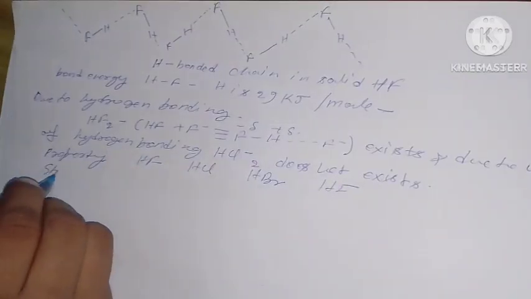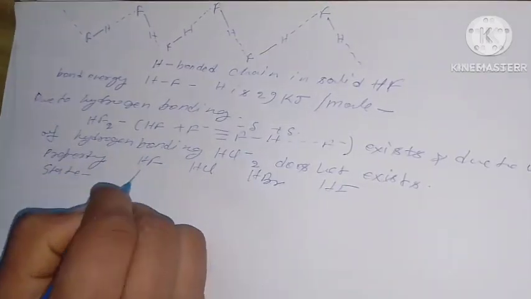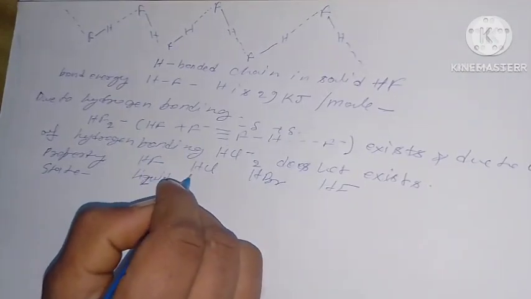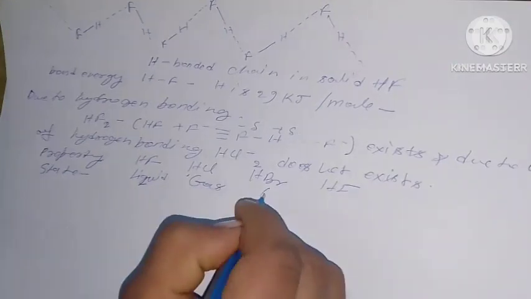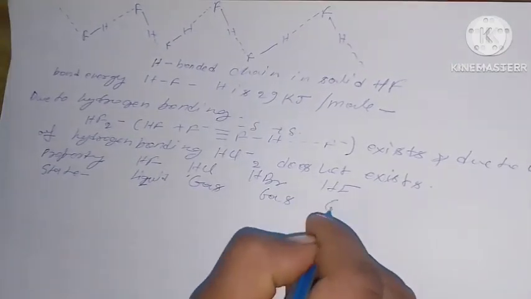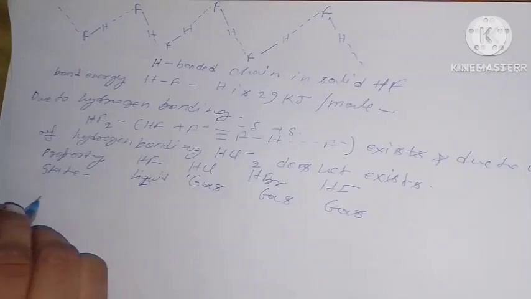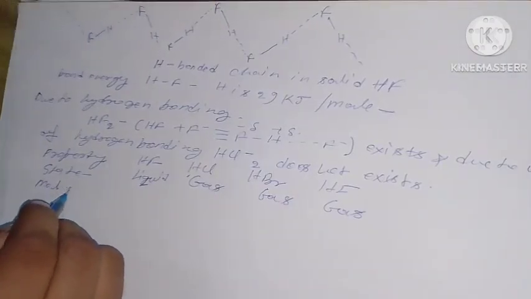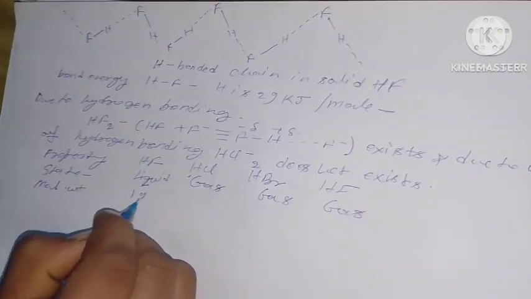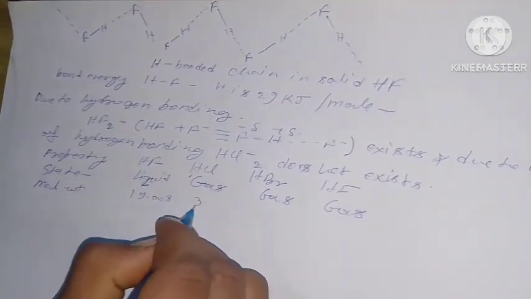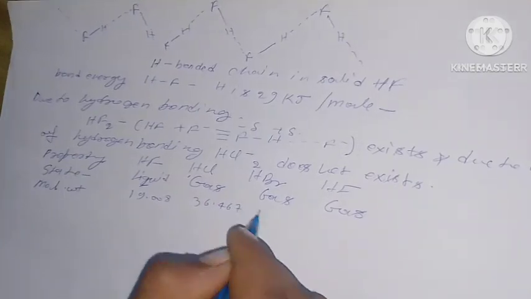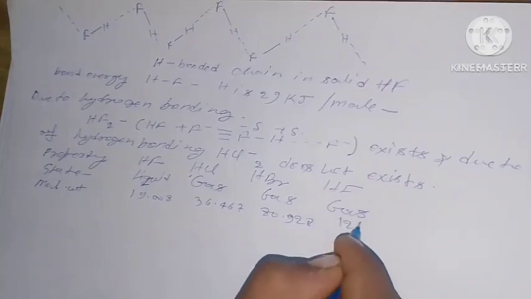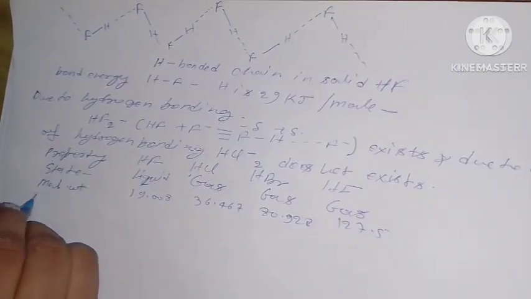State: hydrogen fluoride is a liquid, hydrogen chloride gas, hydrogen bromide gas, hydrogen iodide gas. Molar weight: 19.008, 36.467, 80.928, 127.5.